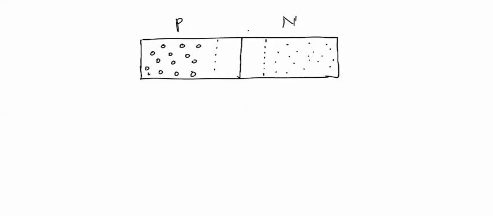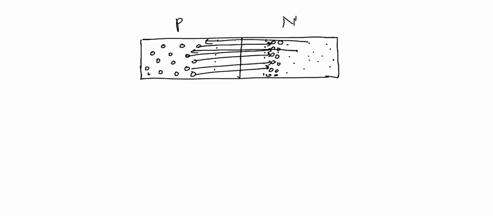Now, when this junction is forward biased, these holes will cross the junction and will be injected on the N side, and these injected charge carriers will accumulate near the junction. Similarly, electrons will be injected into the P side, and these electrons will accumulate near the junction.